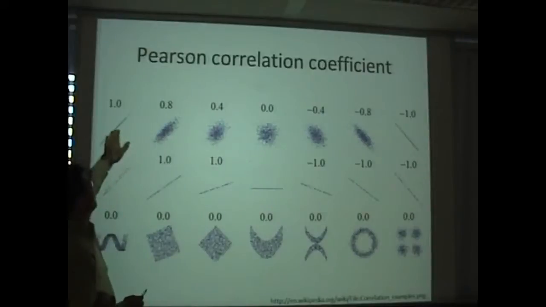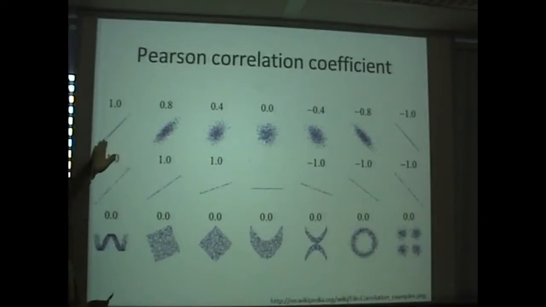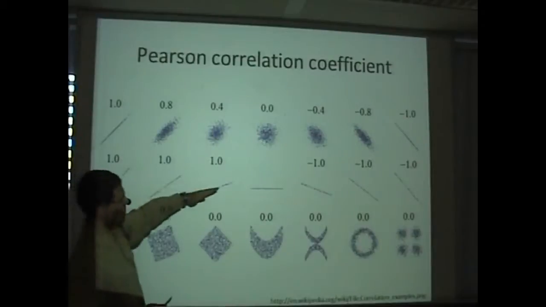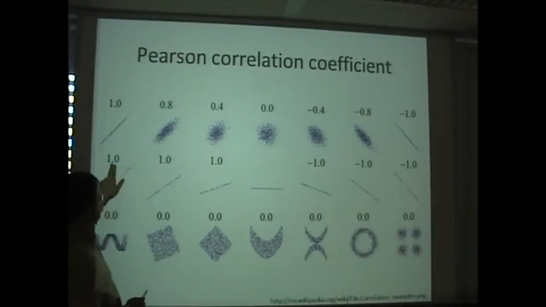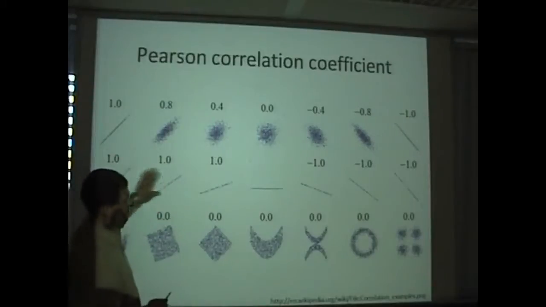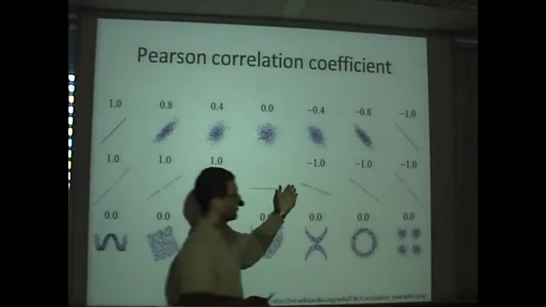So here, one random variable is exactly a linear combination of the other. By the way, the slope does not matter, so that's what's shown in the second line. No matter if y equals x, or y equals 1/2 or 1/3 of x, the correlation in these cases is always exactly 1. Or it's always exactly -1 if the line has a negative slope.